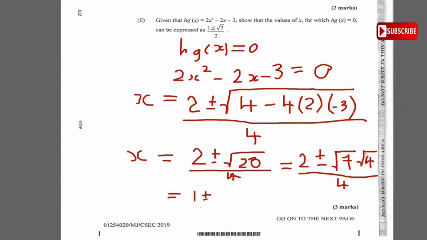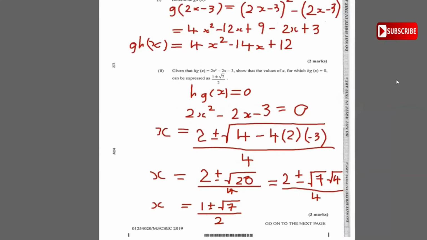Now the square root of 4 is 2, and the 2 divided by the 2 only leaves us back with the square root of 7. Then in the denominator, the 4 divided by the 2 is 2. All right, and so this is how we get x. Another way to look at it is to factor out 2 from the numerator and the denominator. And so this is how they get that answer. Nice and easy. Way too easy.